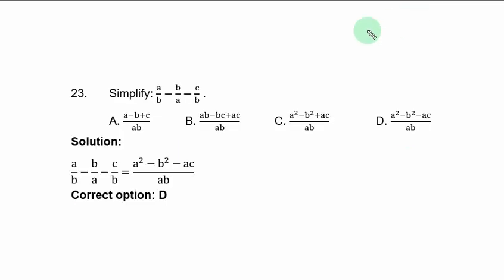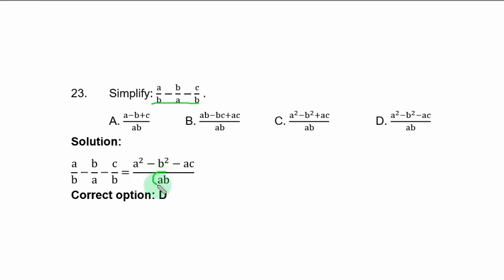Question 23. Simplify a over b minus b over a minus c over b. What you have here is fractions subtraction. To simplify, you simply find the LCM of ba or ab, and that is ab.